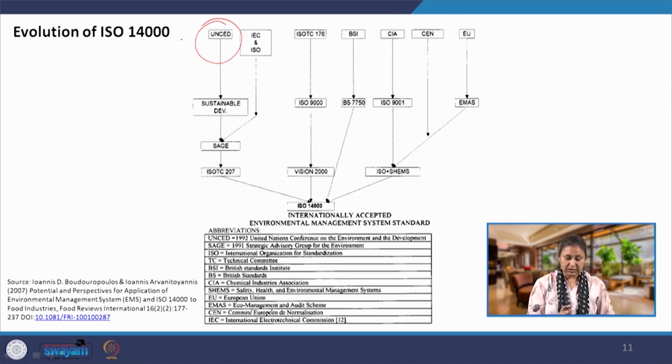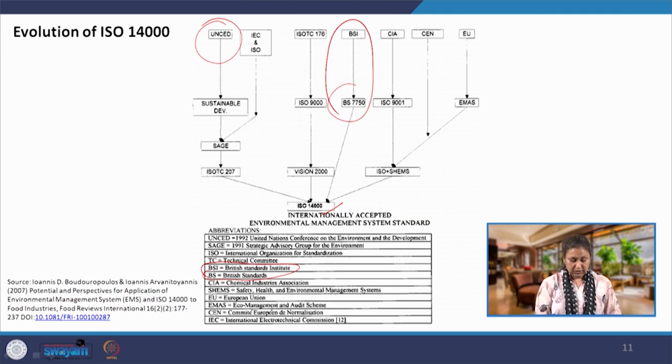There are other committees, for example, British Standards and the British Standards Institute, responsible for contributing to and developing ISO 14000. The European Union has also contributed towards the development of ISO 14000. We have the International Electrotechnical Commission. We also have the Chemical Industries Association, Safety, Health and Management Systems.